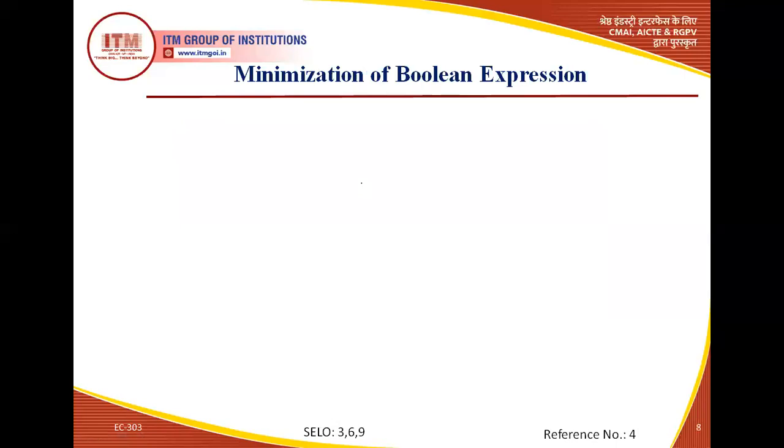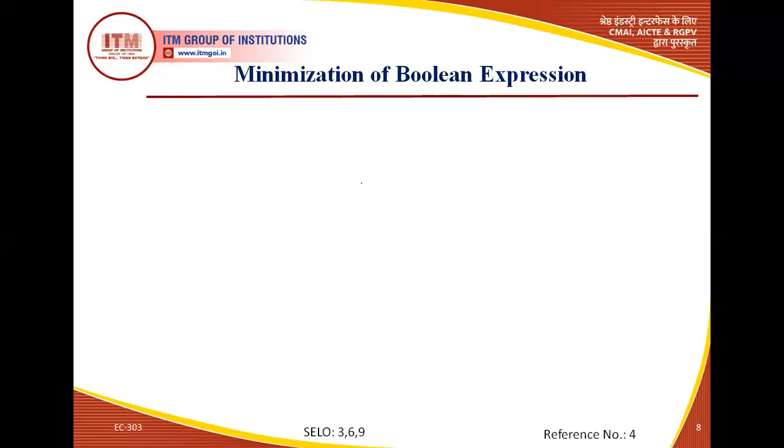Now we see minimization of a Boolean expression or Boolean function. So how can we minimize the Boolean function or Boolean expression? We use the different laws and properties which we already studied in our previous lecture.